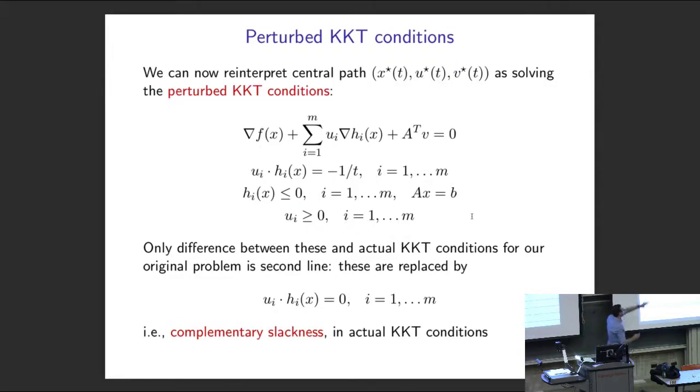I haven't had any appearance of phi. Everything here is defined in terms of my original problem. I could have motivated the barrier problem by taking the KKT conditions and just changing complementary slackness from this to this. I would have arrived at the same object, which is the solution to the central path. So it's an entirely alternative motivation for the central path.